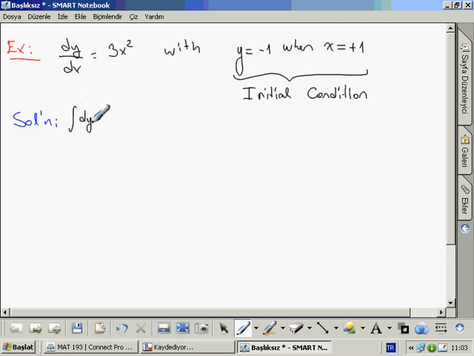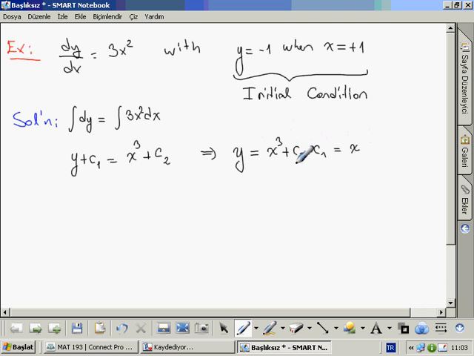Solution: integral ∂y equals integral 3x squared ∂x, and y plus c1 is equal to x cubed plus c2. The general solution will be y equals x cubed plus c2 minus c1.